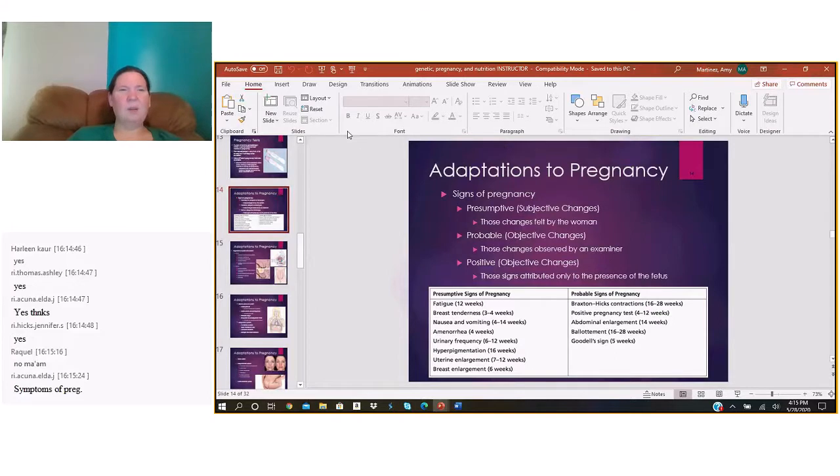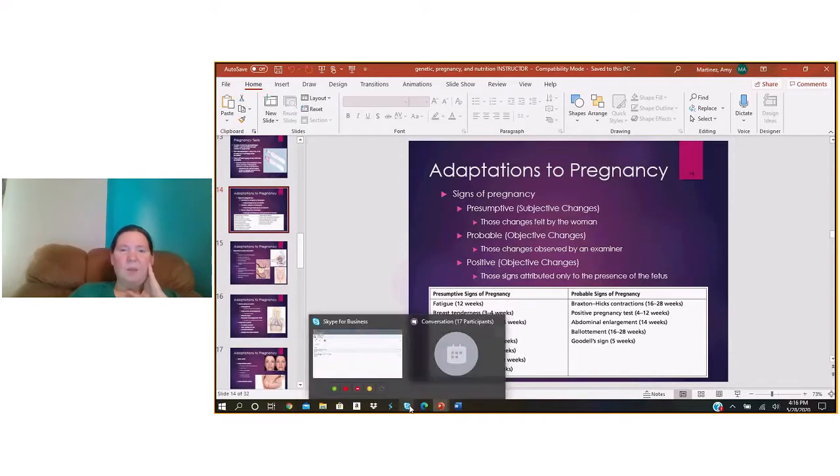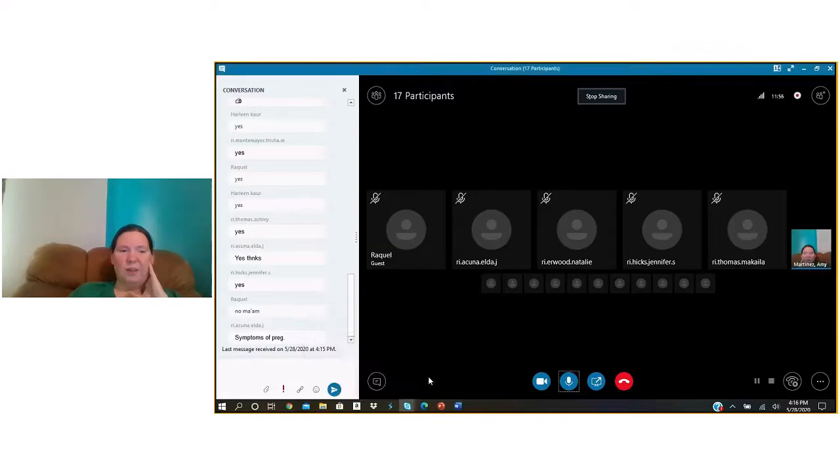So when we're talking about signs and symptoms of pregnancy, again, there's 3 categories. The way they're laid out is presumptive signs are subjective symptoms that are experienced or felt by the mother. Probable signs are objective signs that are observed by the provider. And then your positive signs are signs that are positively related to pregnancy.